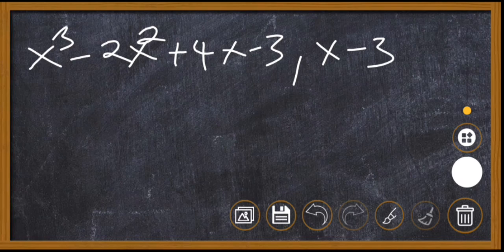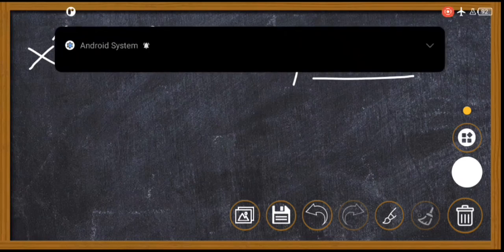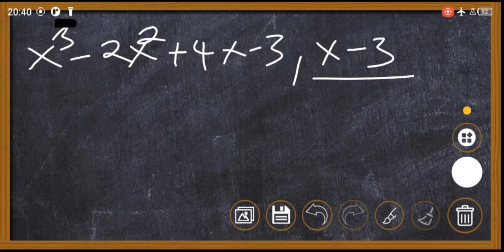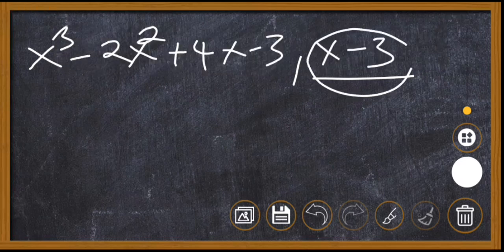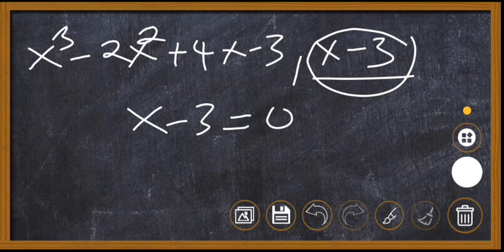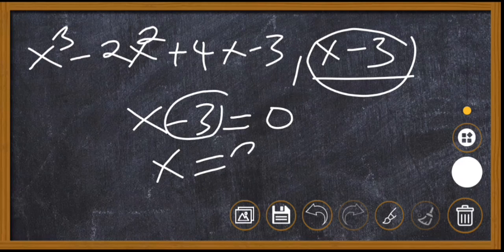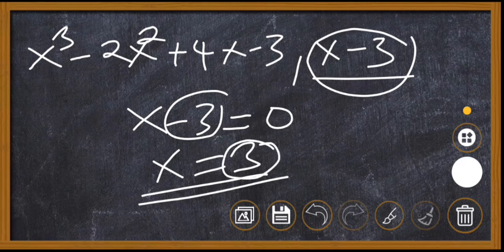The first step is solving the given divisor. So we have x minus 3 equals 0. We solve it by letting the 3 go to the other side. In this case we have our divisor value as 3. So we are going to replace where there is x in this function with 3.